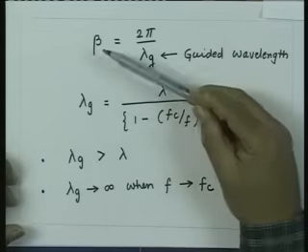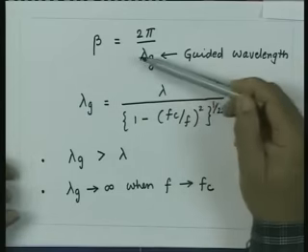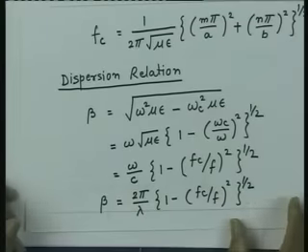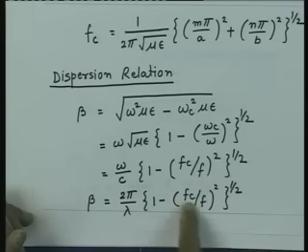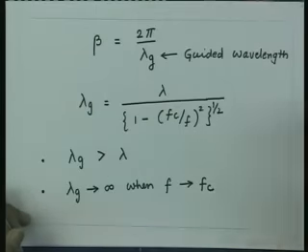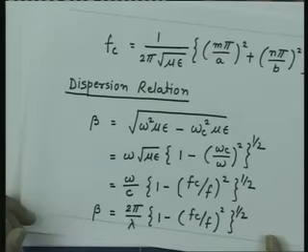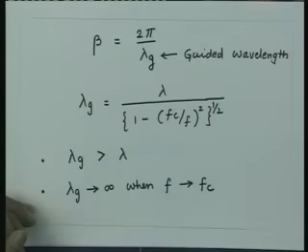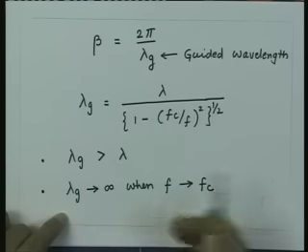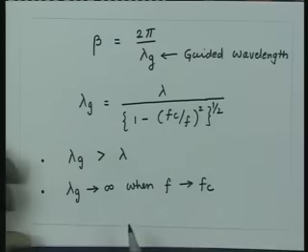Now, knowing this value of beta, we have seen for the parallel plane waveguide, and the same thing is true in this case also, that omega by beta gives me the phase velocity, and now the phase velocity will become a function of fc upon f. So, when fc upon f is much smaller compared to 1, the phase velocity will approach the intrinsic velocity in the medium. Otherwise, when the frequency approaches the cutoff frequency, the phase velocity will become infinite. Same thing is happening here, the frequency multiplied by lambda g gives me the effective velocity of the wave on the structure.